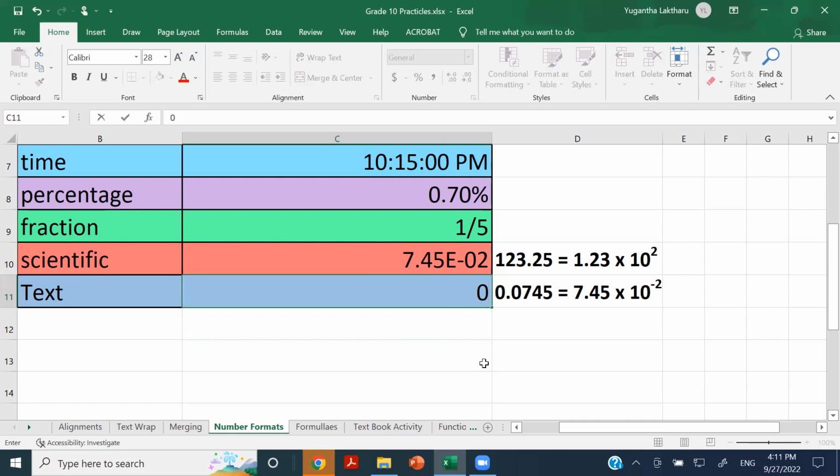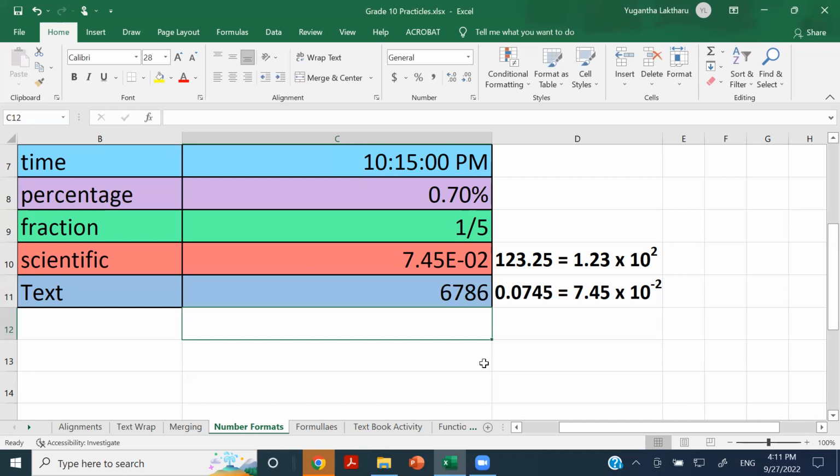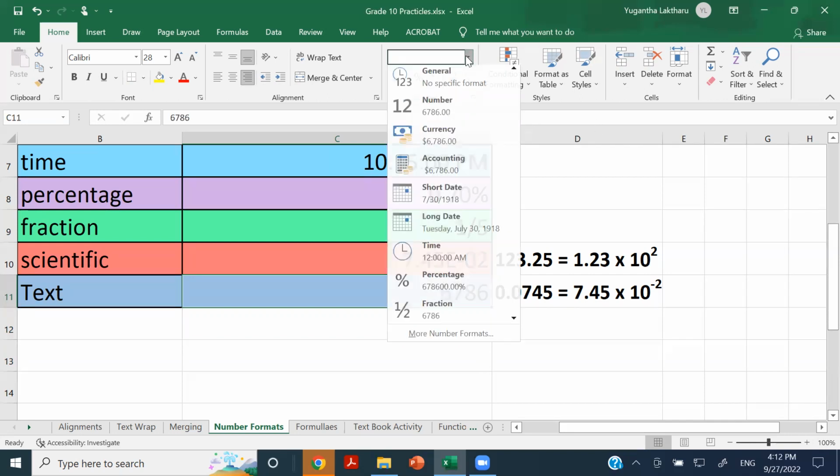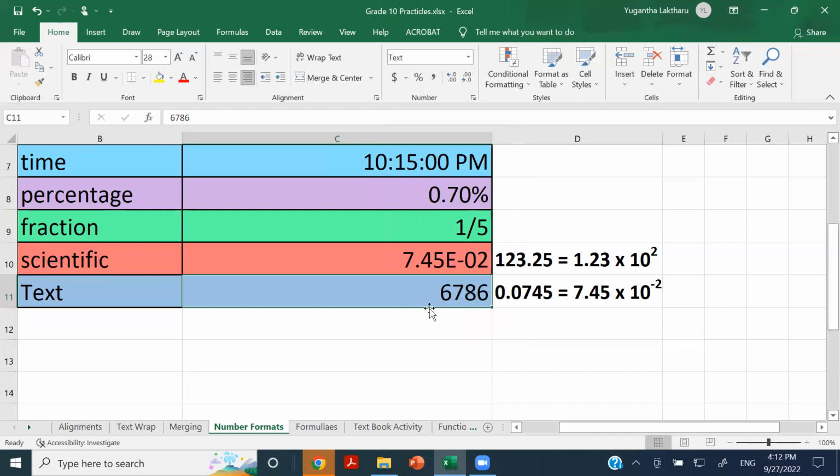So if you put a 0 at the beginning, it's going to disregard the 0 and take the value. But if we want to represent the 0 in front of that value, like when we are recording a telephone number, those telephone numbers start with a 0, so we need to have 0 at the front. For that kind of matter, we can format this cell as text. So once you insert it as text, you can have as many zeros as you want.